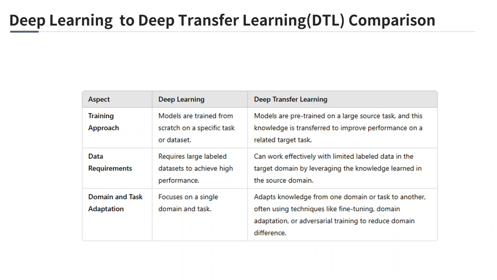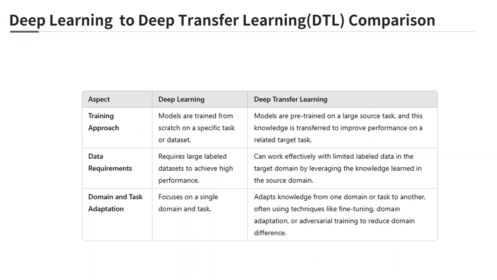Then the data requirement for deep learning is that you need a large labeled data set. You're required to have a large labeled data set to achieve high performance. But in DTL, or deep transfer learning, you can work effectively with limited labeled data in the target domain by leveraging the knowledge learned in the original source domain.